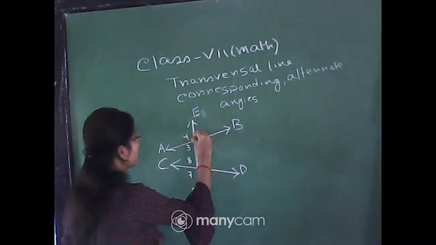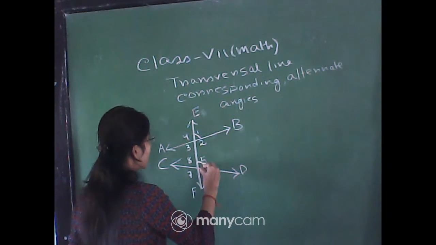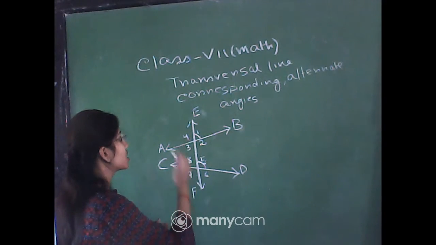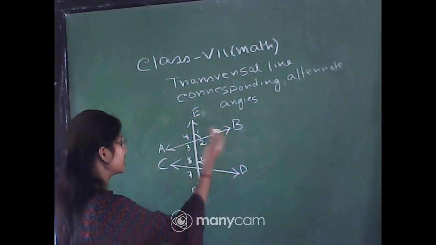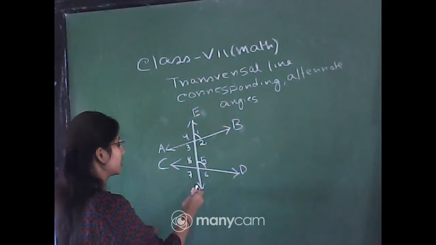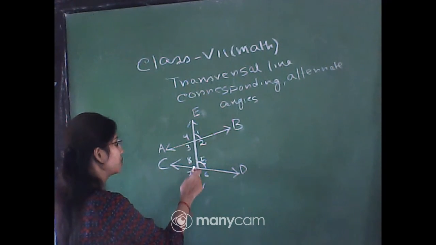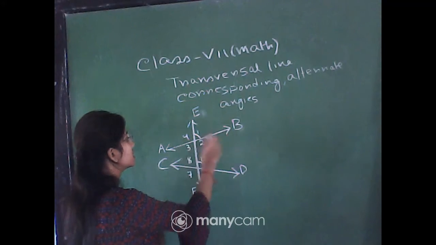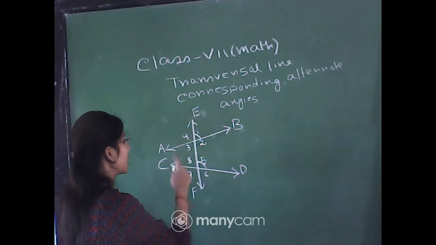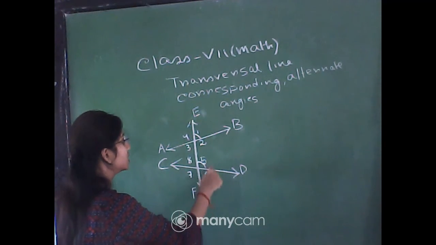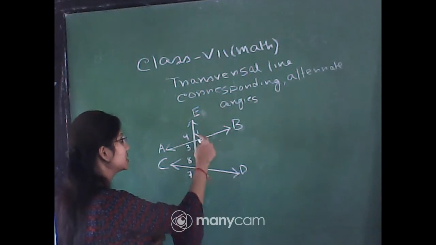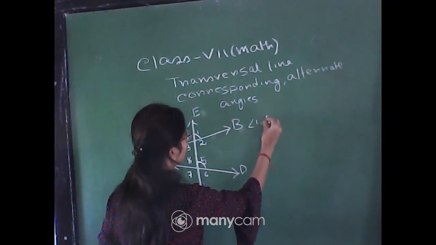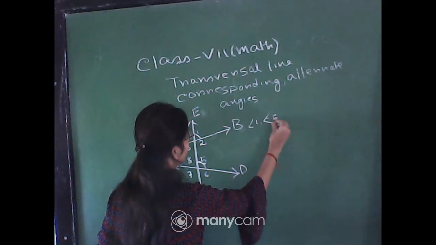Here angle 1 and angle 5 are corresponding angles because they are on the right side of the transversal line. They have different vertices. Also angle 1 is above the line AB and angle 5 is above the line CD. So angle 1 and angle 5 are corresponding angles.